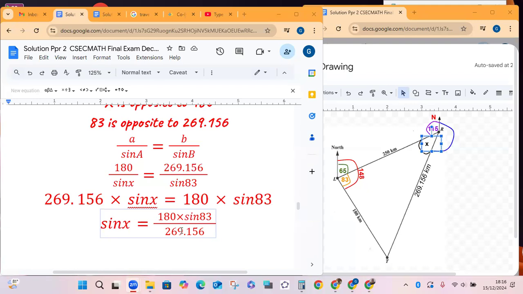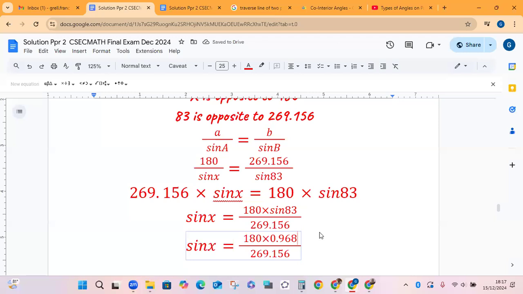Now let's find what is sine 83, and find 180 times sine 83 over 269.156. Sine 83 is 0.968. So we can just type in our calculator 180 times 0.968 divided by 269.156.